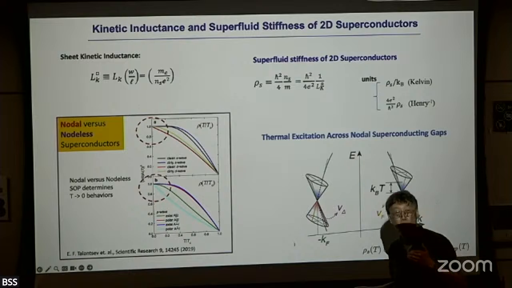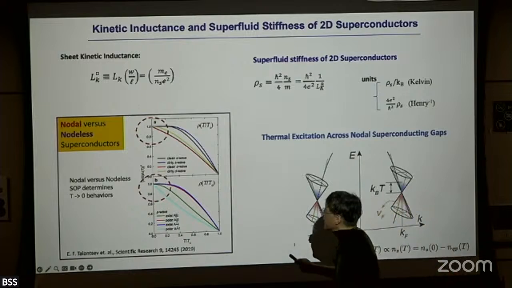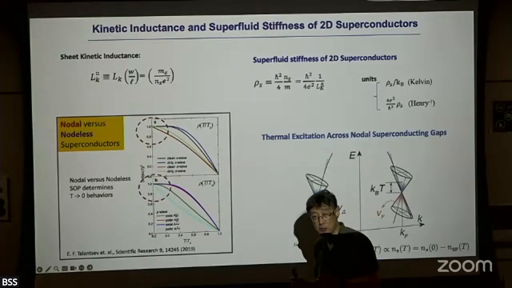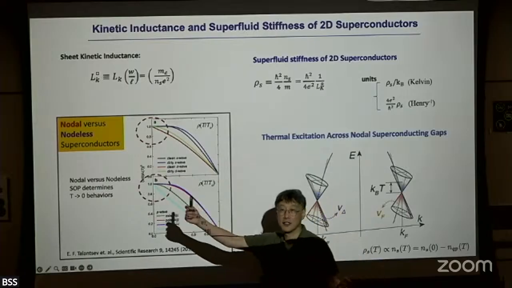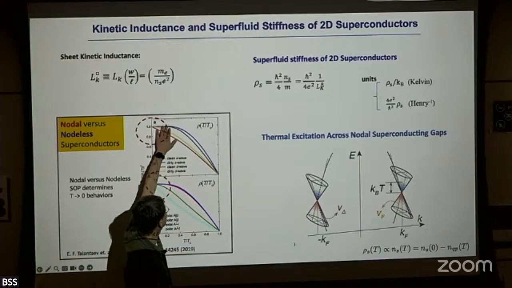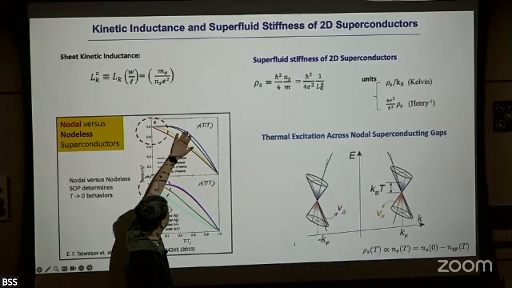If it is a nodeless superconductor, S-wave type, you need quite a higher temperature to start exciting quasi-particles beyond the superconducting gap, and this exponentially activated behavior appears slowly with a finite gap.